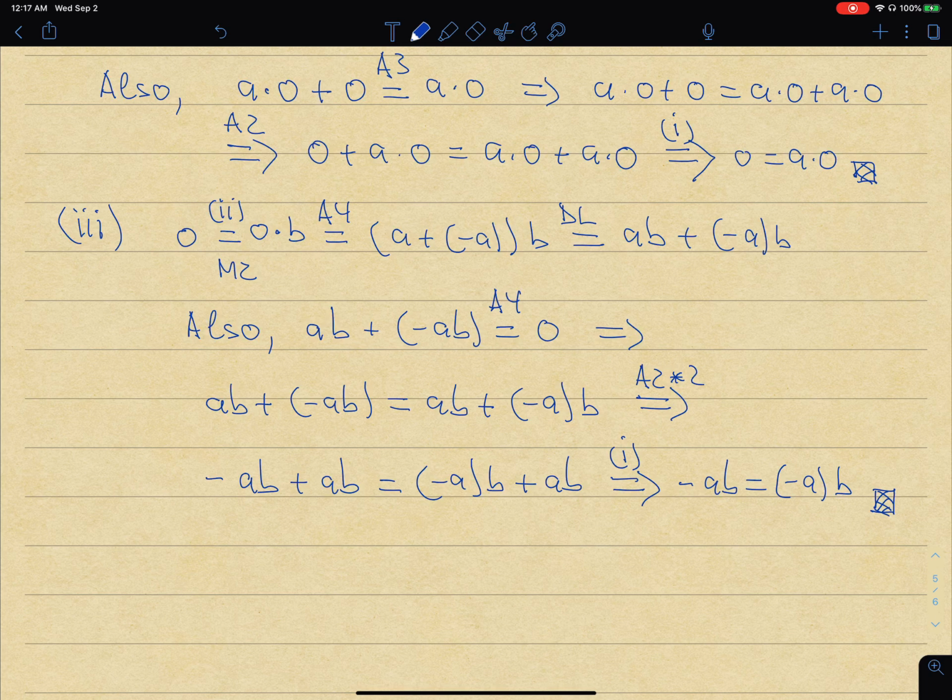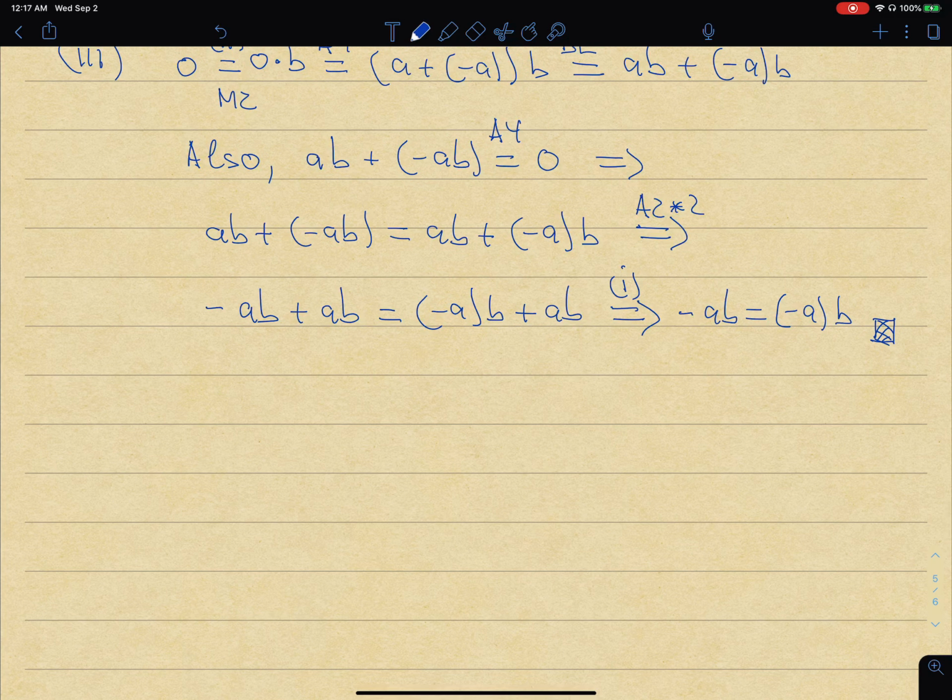Okay, let's see what else we have here. Let's prove property number 4. I'm going to skip it. You will do it on your own. And property number 5.